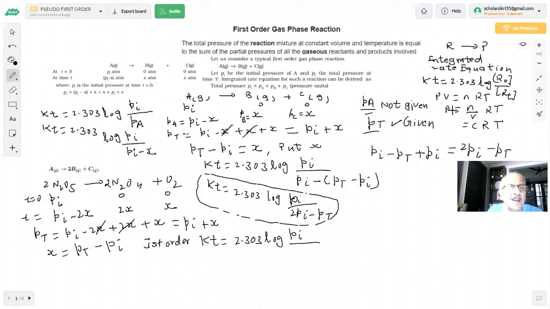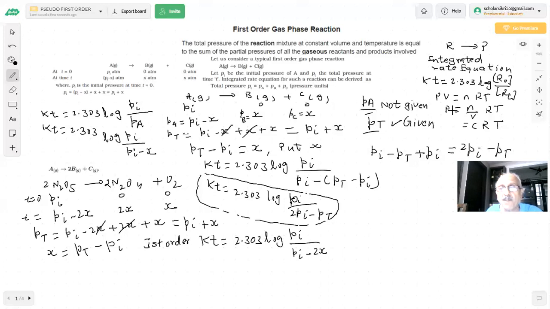The amount of N2O5 left after time t is Pi minus 2x. Now, in the exam they give us the total pressure, very important question. A numerical was given on this, and a numerical is also given in the NCERT book on this. We have to do it, very important.